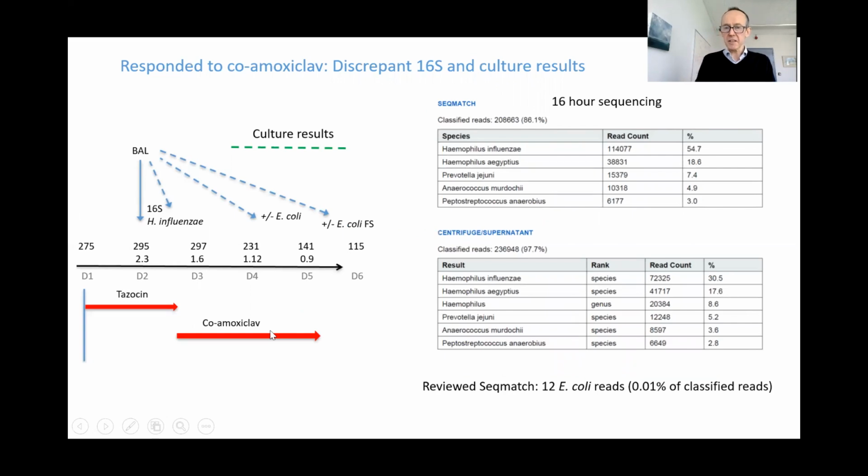Now, what's interesting is as the culture results come out over the next 2 to 3 days, culture grows scanty E. coli. When we went back to look at the SeqMatch bioinformatics output, we found 12 E. coli reads, only 0.01% of classified reads, and that's why it was discounted. But that was the bug that came out in culture.